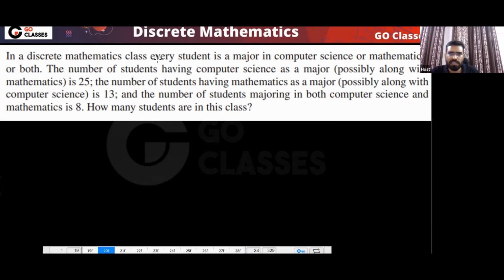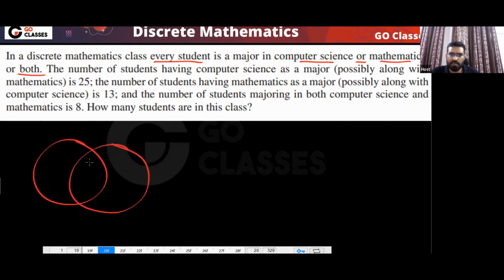In a discrete mathematics class, it is already given that every student is a major in computer science or mathematics, or both. So in this discrete mathematics class, every student is either a major in computer science or a major in mathematics.